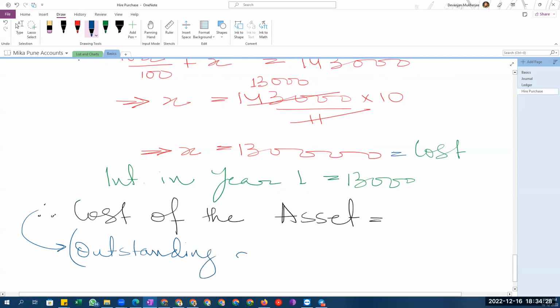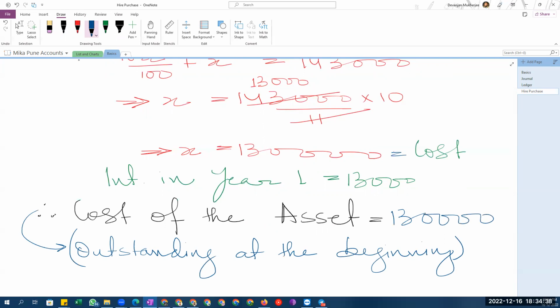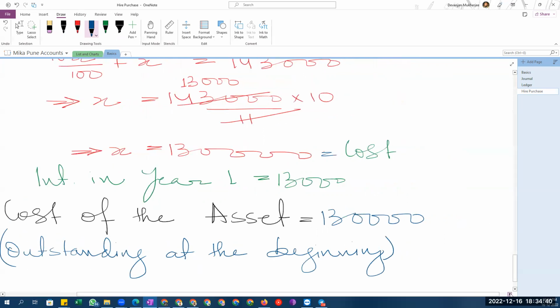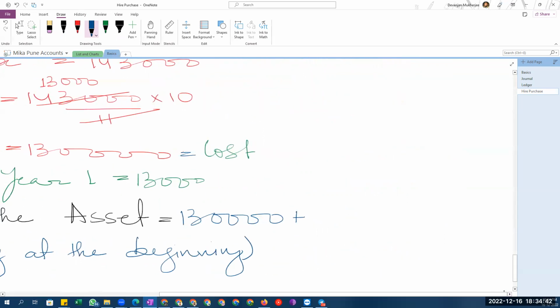So it will be 130 plus the down payment of 70,000, equal to 2 lakh. So the cost of the asset is 2 lakh.